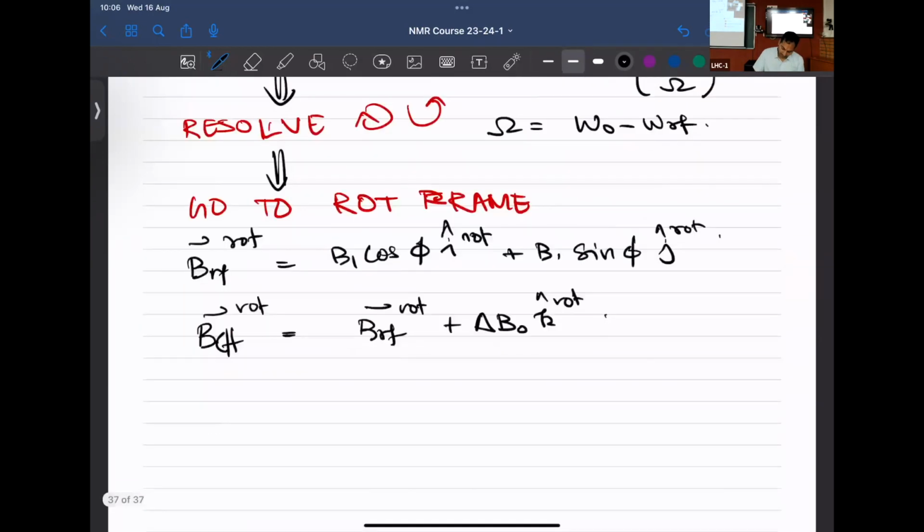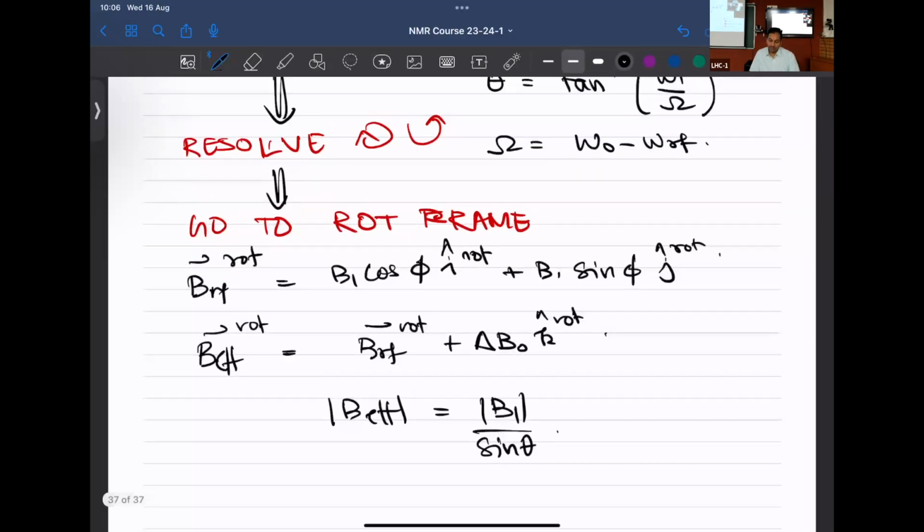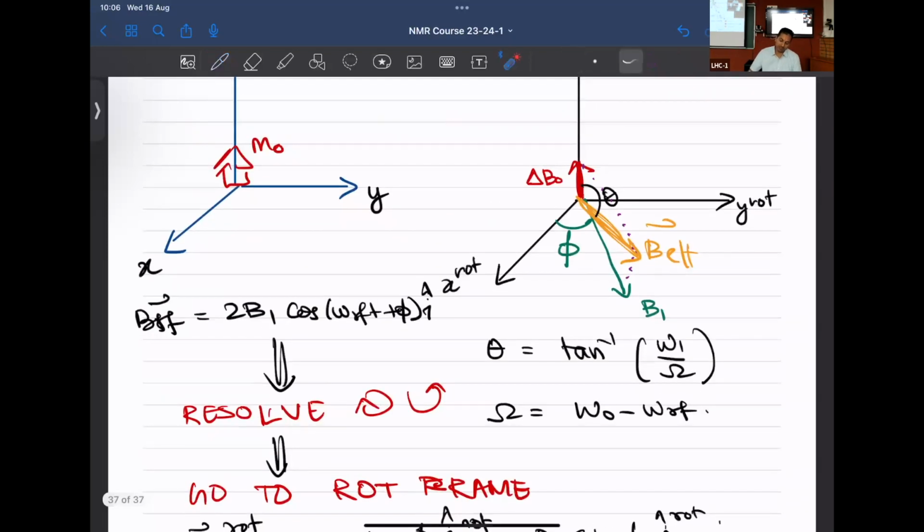And we also said what is the magnitude of B effective is going to be: magnitude of B1 by sin theta. Is that correct? Yes? These were the different dependencies that we ended up deducing. And why did we take so much of pain to do this?